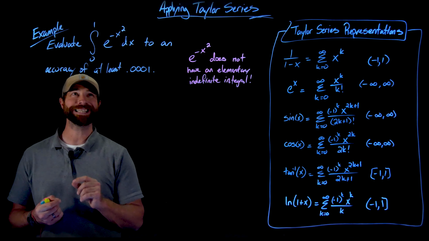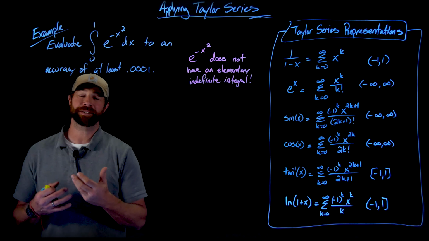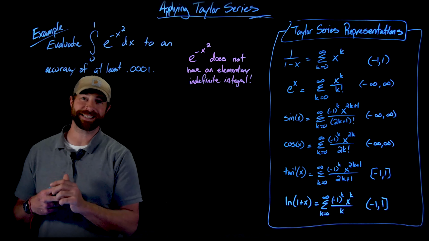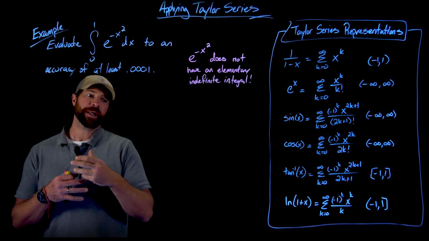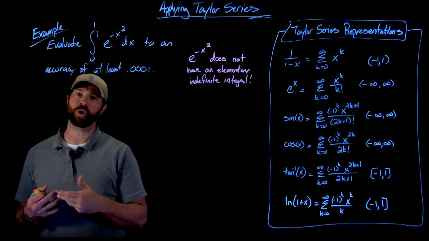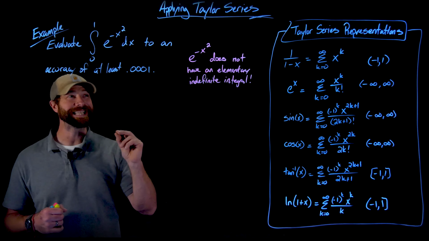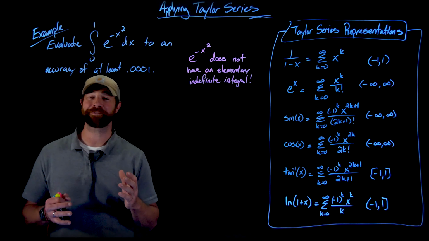First and foremost, e to the negative x squared is not just some crazy looking function that we like to play with, but it's actually essential to the analysis of probability and statistics. The e to the negative x squared is part of the expression for the normal curve. And second, importantly, is that e to the negative x squared does not have an elementary indefinite integral.